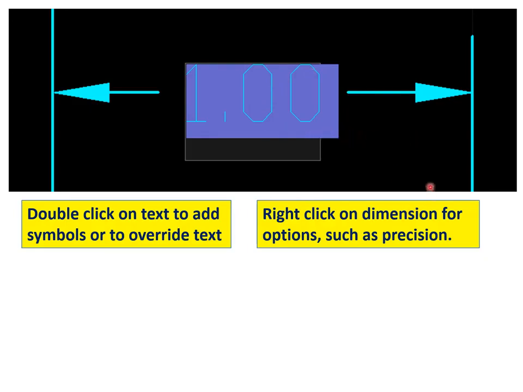You can do that by right-clicking on the dimension and changing the precision to more decimal places. Once again, you can click on the dimension once and the grips will light up, allowing you to make changes like flipping an arrowhead, or moving the text outside the extension lines. So double clicking or right clicking will give you options to make changes to the dimension. You're basically overwriting it. End of lecture.